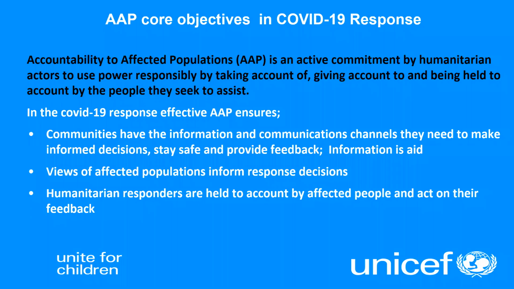So once we ensure that we are taking this from a people-centered approach, we are committed to ensuring that we not only listen to the needs of people, that communities have access to the information and the communication channels that they need to make informed decisions and stay safe, but that this feedback is then used to inform the response and response actors, and that we are held accountable to the people we're engaging with. Next slide.